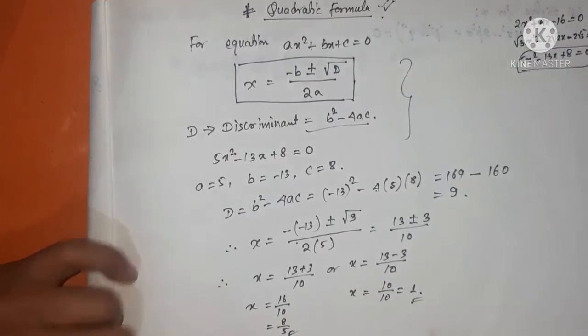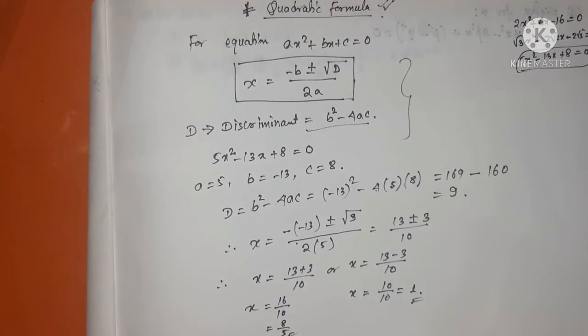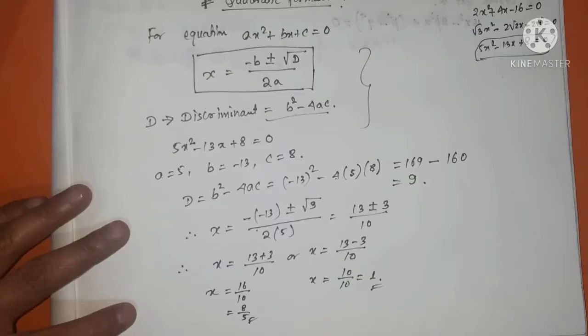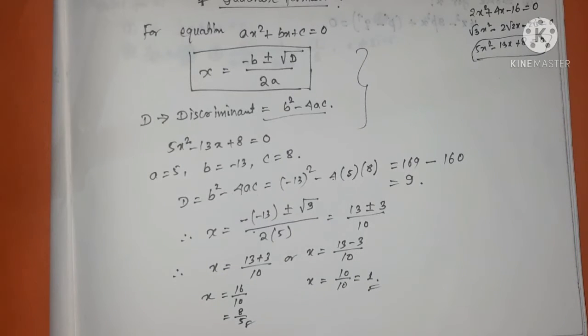So this is very easy, and in many cases it will be easier than factorization. When the equations have difficult coefficients, splitting the middle term can sometimes be difficult. But here we don't need to split it, just do the calculations and put in the values, and you'll get the answer. Okay, let us try some more examples.